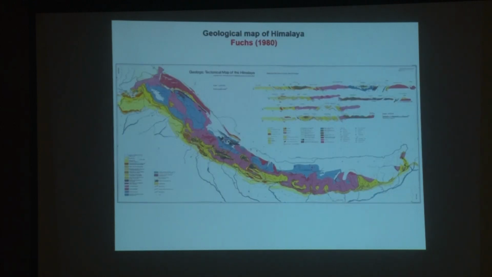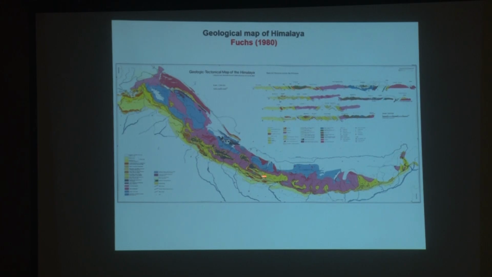Next, please. Here is the map prepared by Fuchs, and you can see the Lesser Himalayan rocks here, within the windows, and especially in Nepal. He was of the opinion that there should be a unified stratigraphy, basically divided into low-grade metamorphic rocks and sedimentaries containing carbonates and slates.